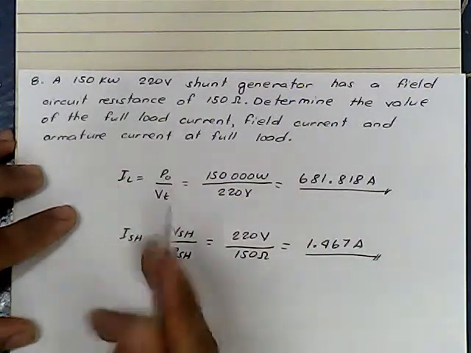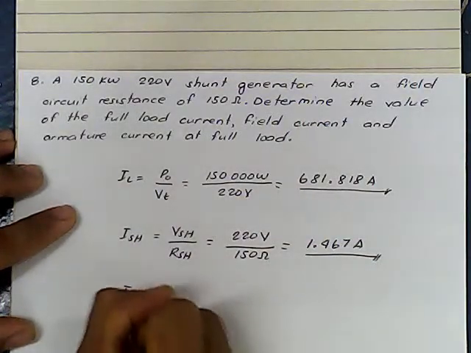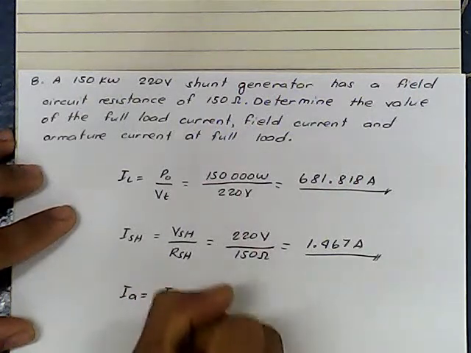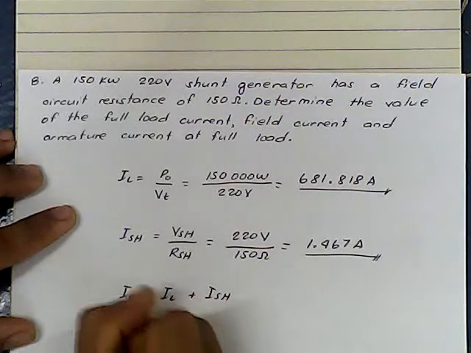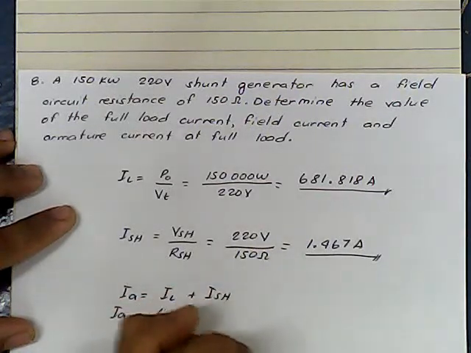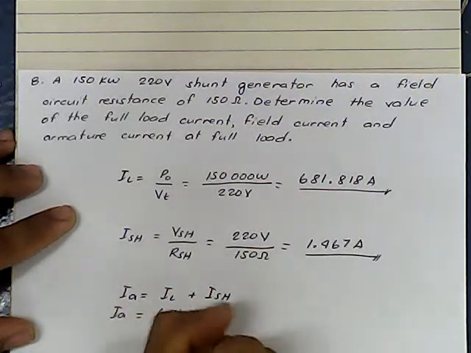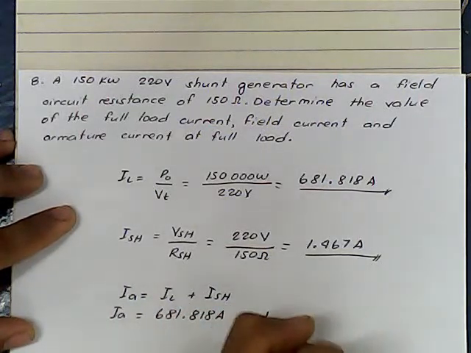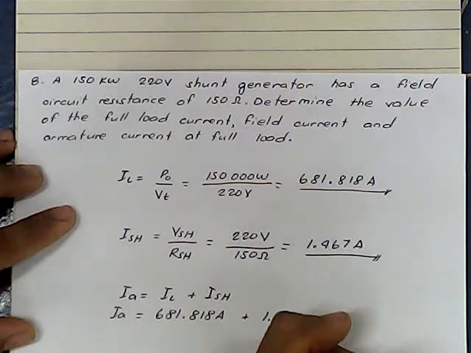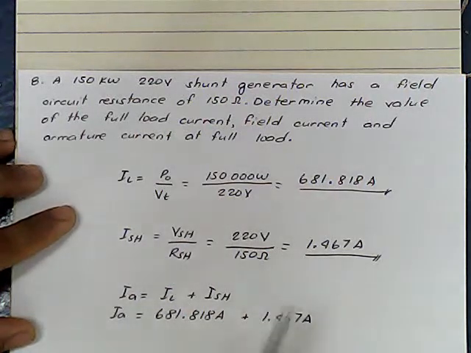And then for the armature current, IA is equal to IL plus ISH. So IL natin is 681.818 amperes plus 1.467 amperes. Gumagamit ako ng 3 decimal places, no? Kasi mas magiging accurate tayo.